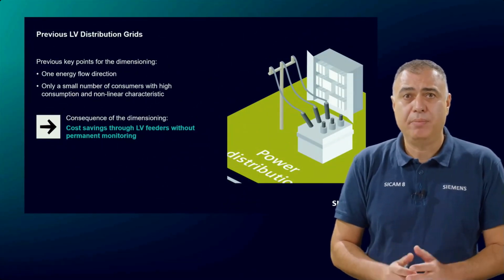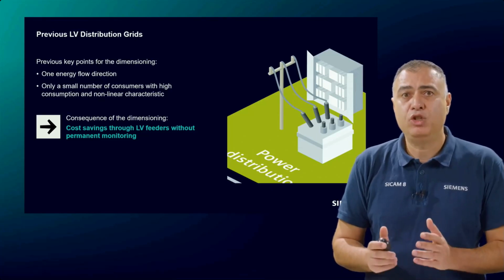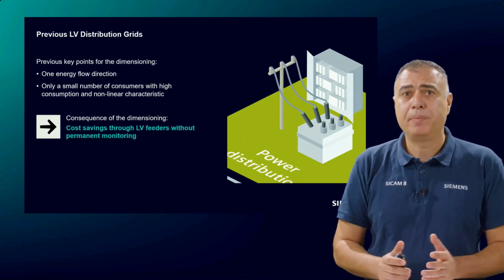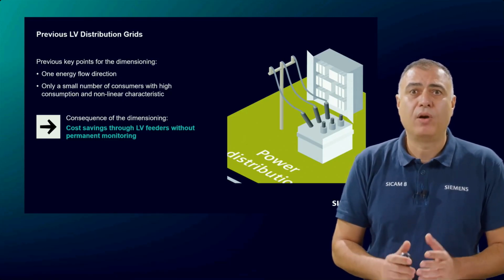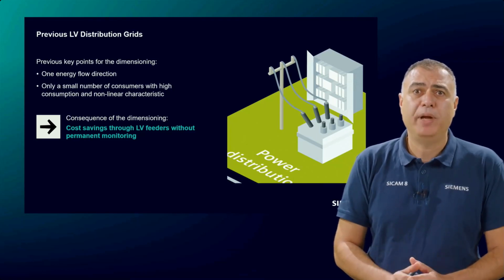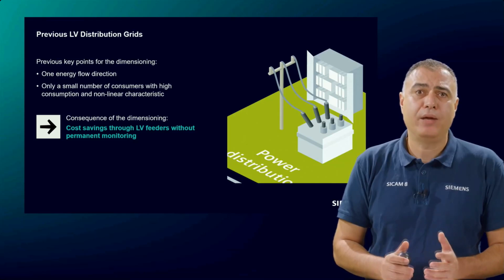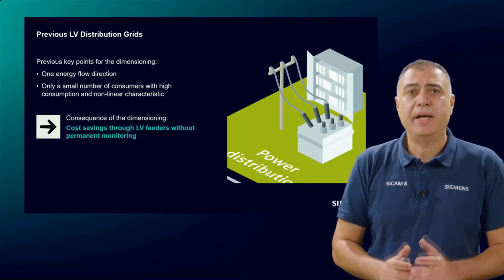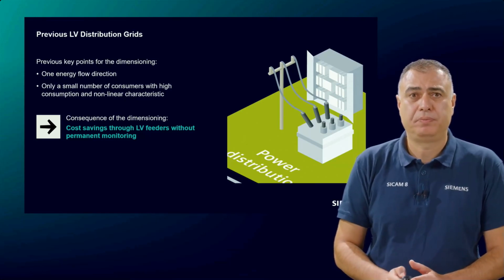Private customers neither had big loads nor did they generate significant harmonics. At that time, even without permanent monitoring of the low voltage information, it was easy for the grid operators to run their low voltage networks. This was the reason why they didn't usually invest in installing sensors.